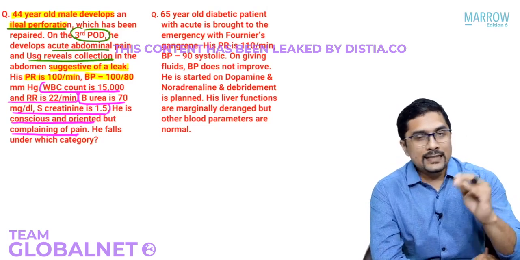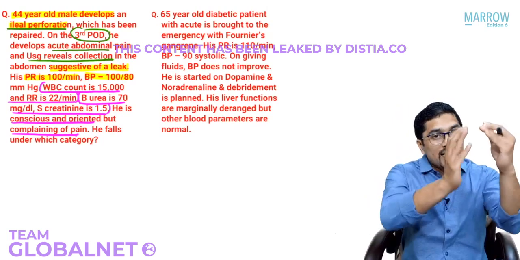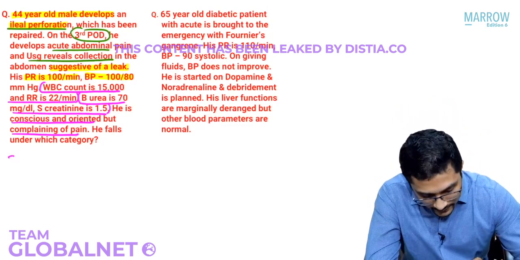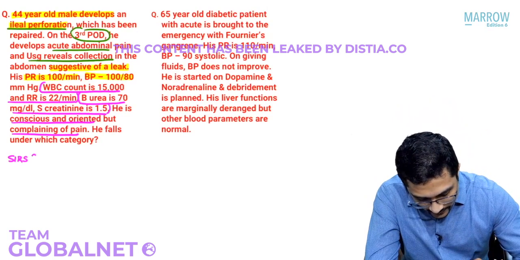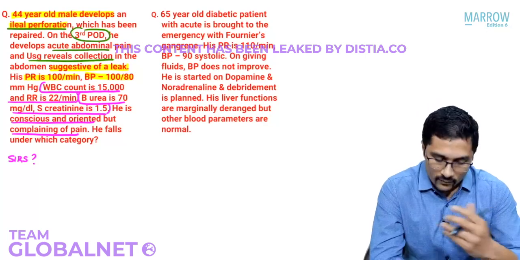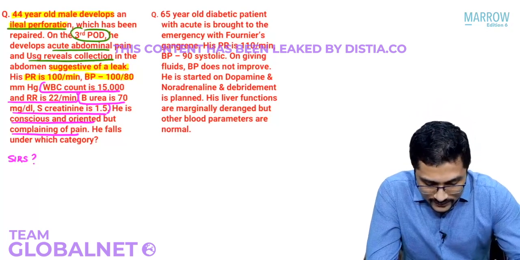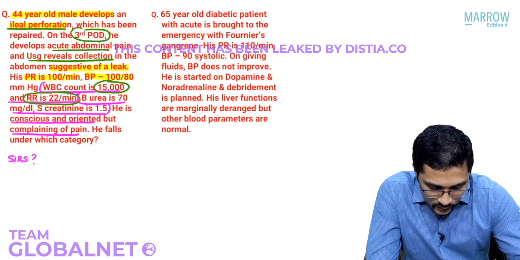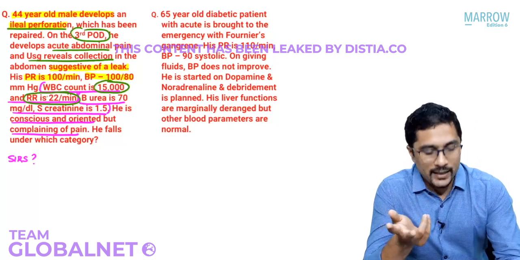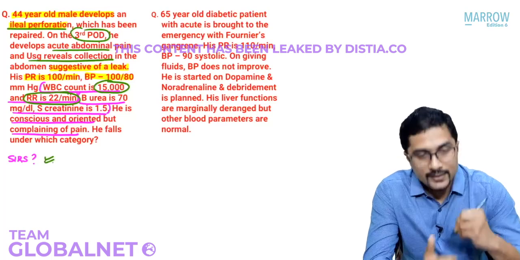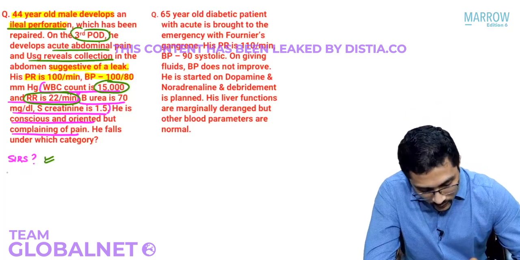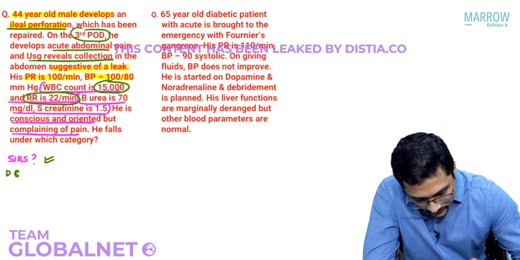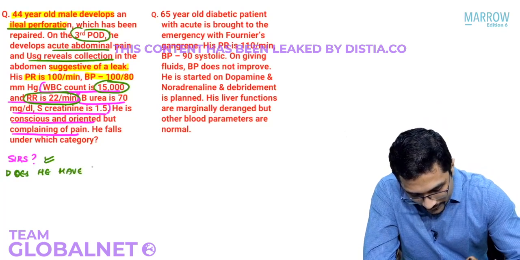Okay, let's start step by step. Like I told you the definitions. Does this patient have SIRS? Yes or no? Let's see. His counts are raised and his respiratory rate is more than 20. So two parameters are met. Yes, he has SIRS. Now, does he have a foci of infection?